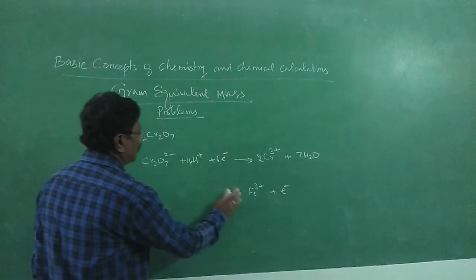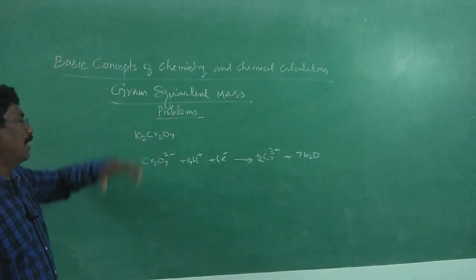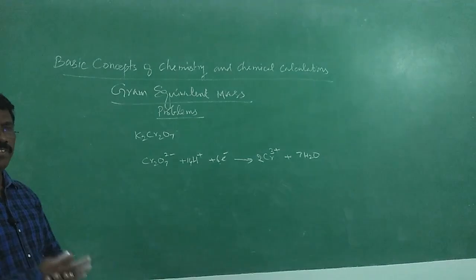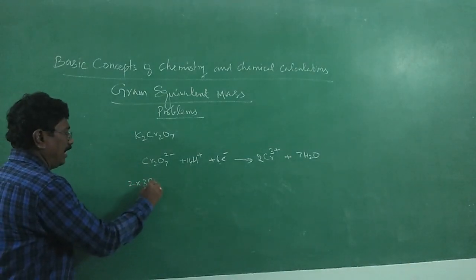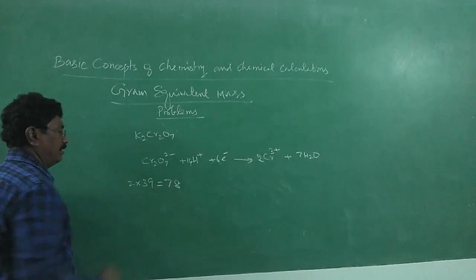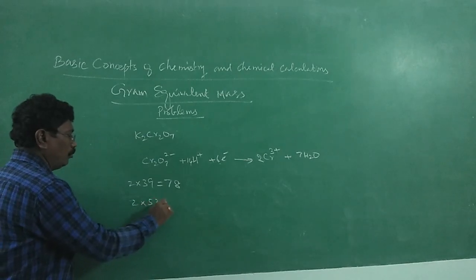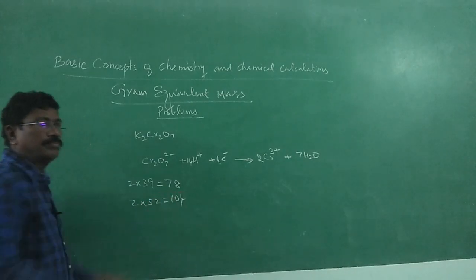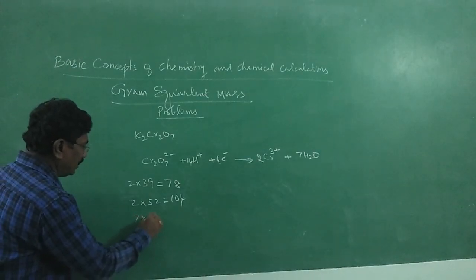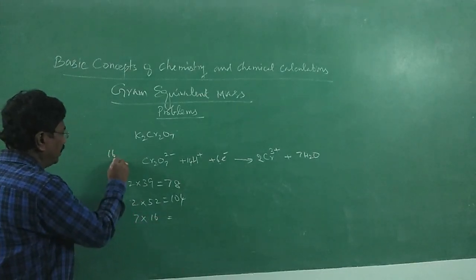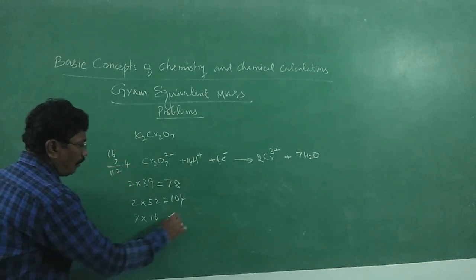Now the question is to calculate the equal mass of potassium dichromate. We have calculated already: potassium 2 into 39, 78, and chromium 2 into 52, 104. For oxygen 7 into 16, 112.